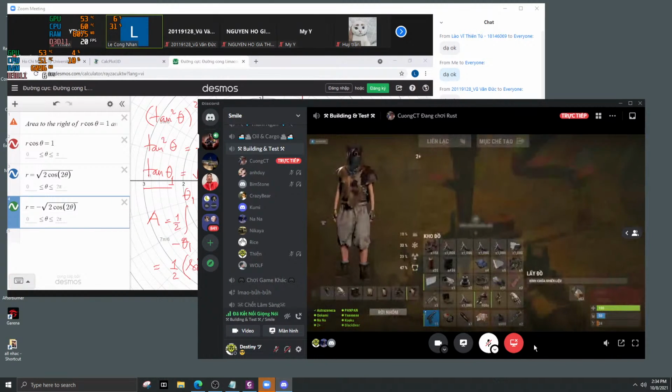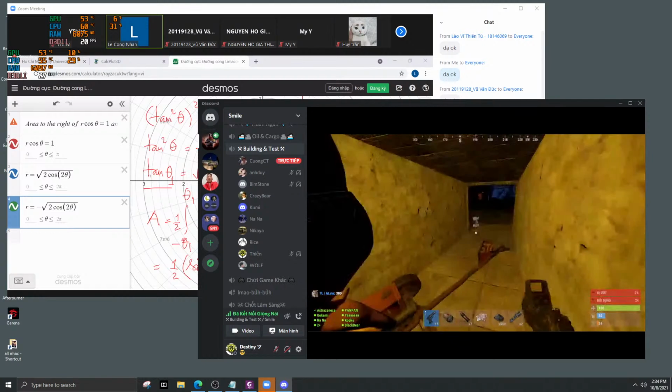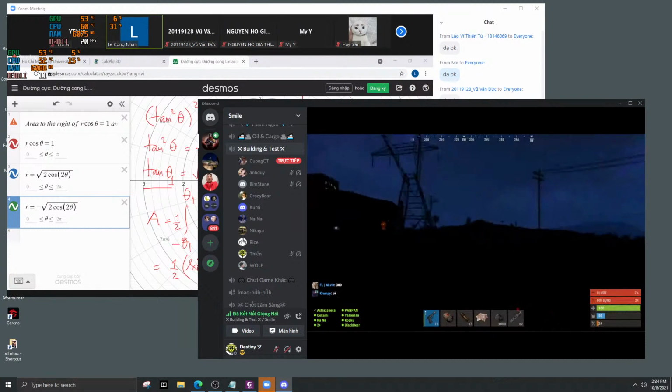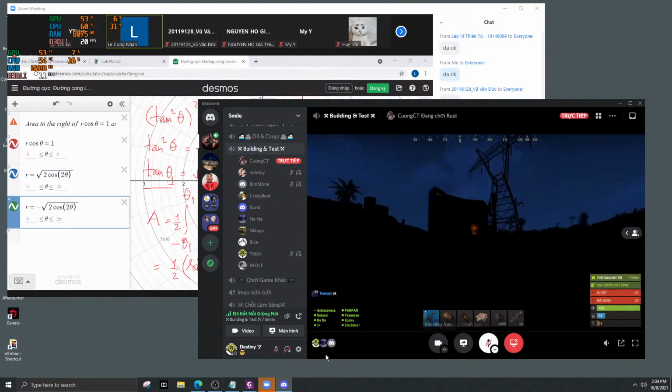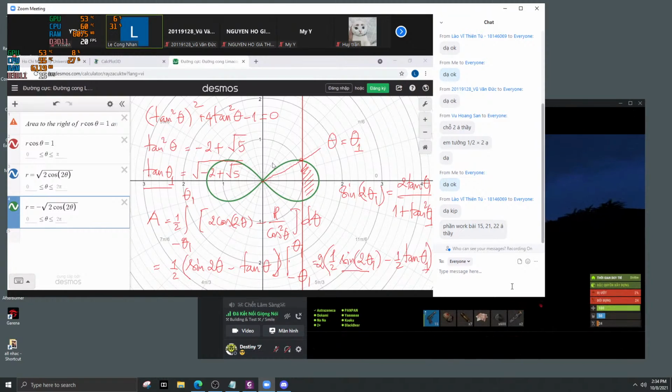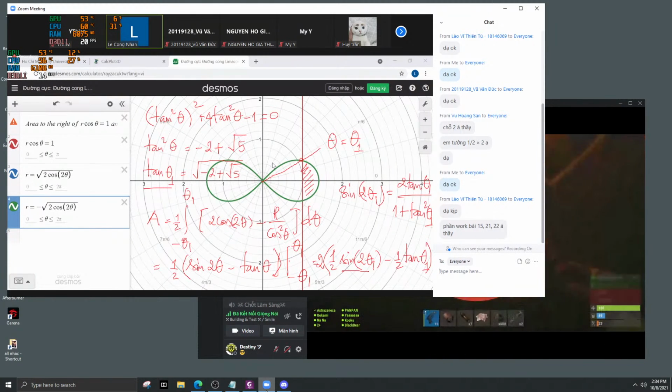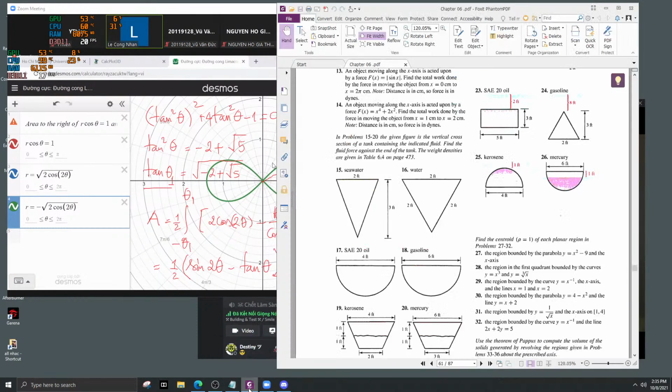Work 15, 21, 22. Okay, now we move to section 6.5. Let's talk about the application of the integral in a physical problem.